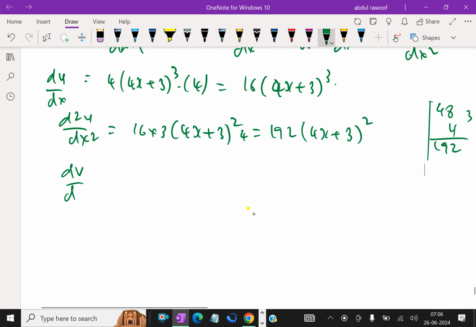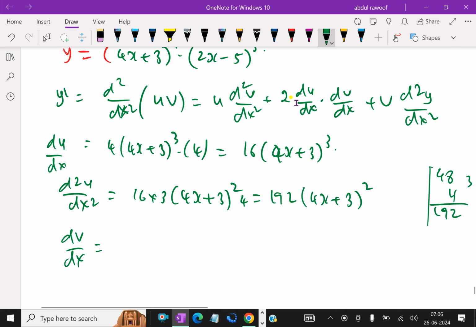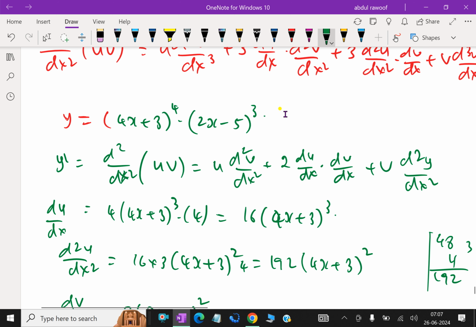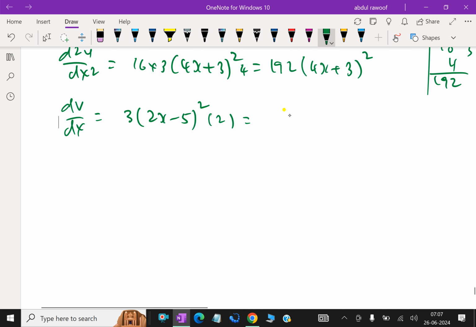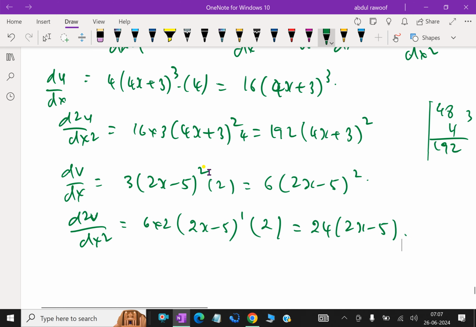We find dv by dx, here this v equals 2x minus 5 whole cube, that is 3 into 2x minus 5 square, because cubic here, this is square, and derivative of 2x is 2, which is equal to 6 times 2x minus 5 square. d square v by dx square equals 6 into 2 times 2x minus 5, that 1 into 2x derivative is 2, which is equal to 24 into 2x minus 5. Now look here, this all we have to substitute in this.